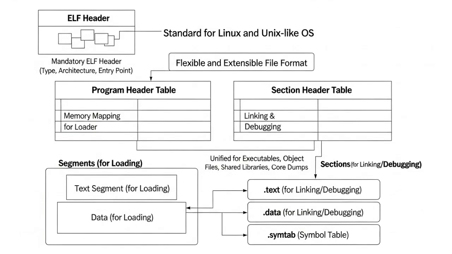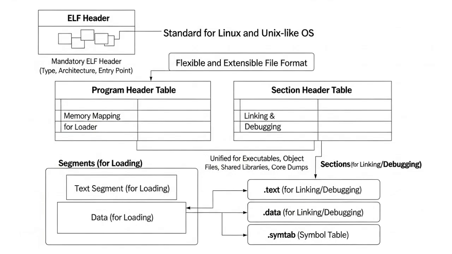Dynamic linking is a cornerstone of modern operating systems, allowing programs to share common libraries and reduce memory footprint. PE and ELF handle this crucial process differently. In PE files, dynamic linking relies on the import address table, or IAT, and the export address table, or EAT.